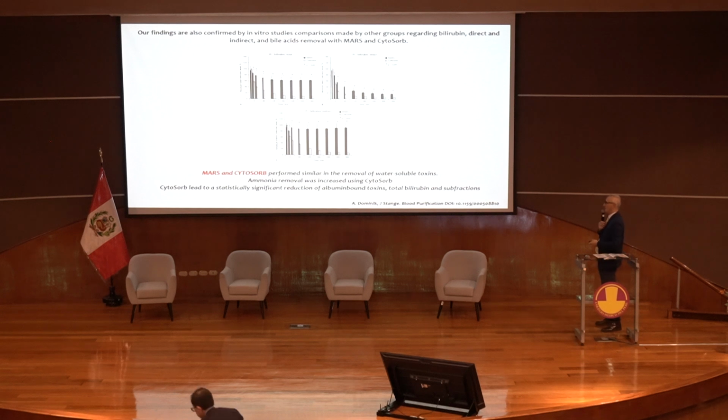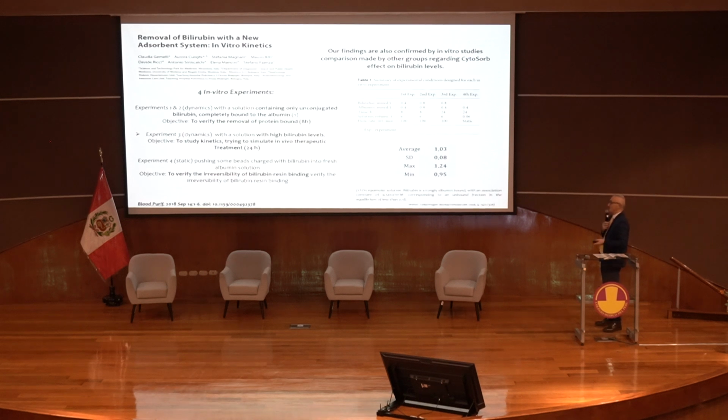This is another demonstration compared to MARS. The dark gray is the MARS, the light gray is the CytoSorb, and the extraction is higher with CytoSorb than with MARS. This cartridge can extract even the albumin-bound proteins, so it can extract the total bilirubin, even the direct, the conjugated, even unconjugated bilirubin.